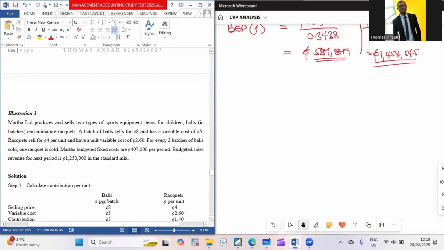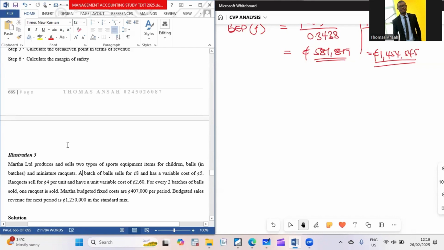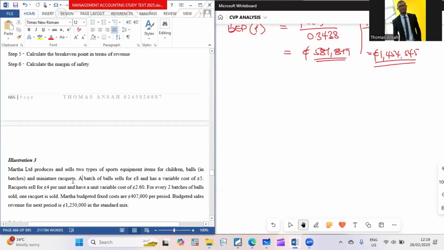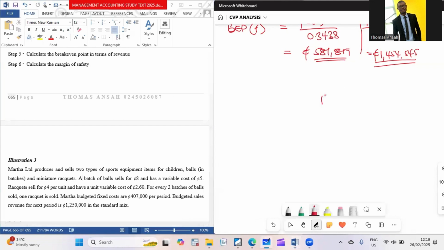Now the batch of the ball sells at 8, and the variable cost is this. So let's situate the information well. We know that there are balls. He sells balls in batches. And we have the ratchets.